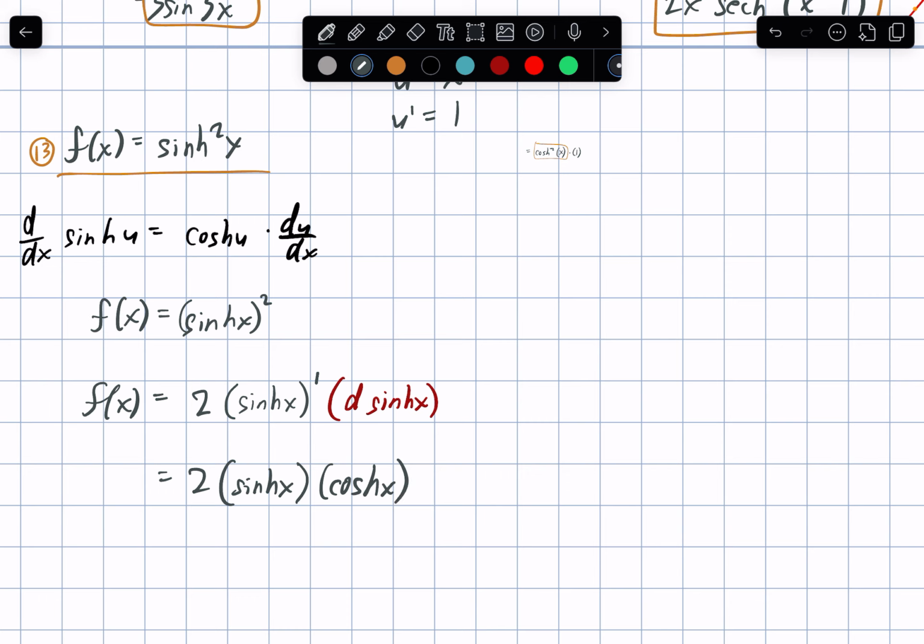So 2 sine hx cosine hx, coming from the identity. So this is going to be equal to sine 2x.